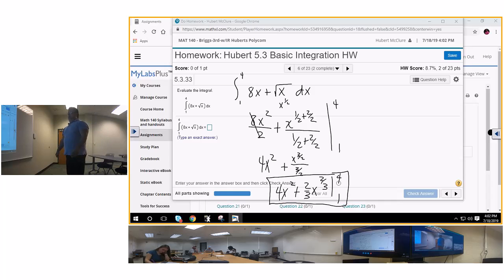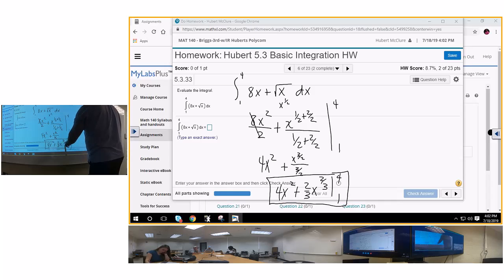That's the setup. And I'm going to change this back to an exponent over index. So that's the cube root of x squared.